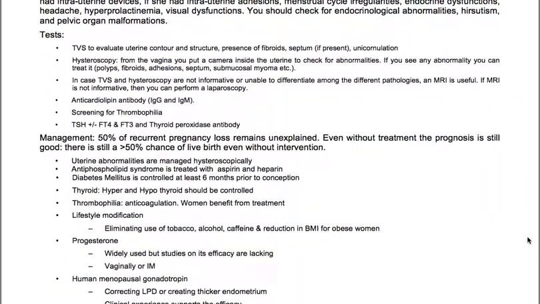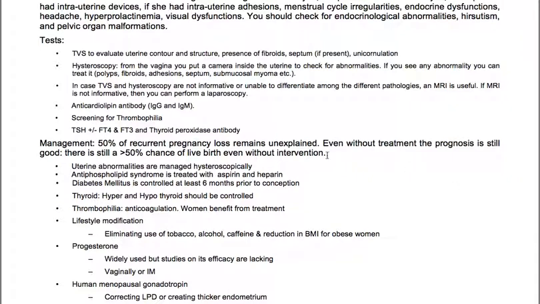The tests are transvaginal ultrasound to evaluate uterine contour and structure, presence of fibroids, septum if present, and unicornuation. Hysteroscopy, and if you see any abnormality, you can treat it, like polyps, fibroids, adhesions, septum, submucosal myoma.